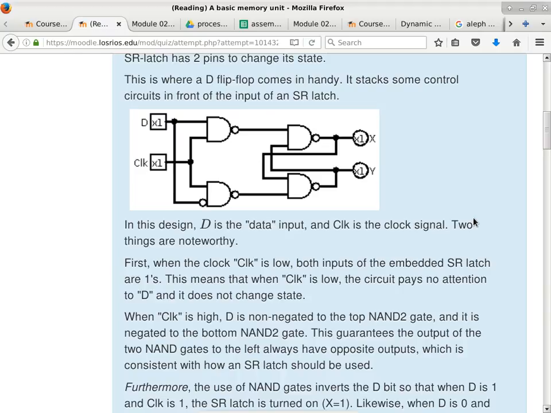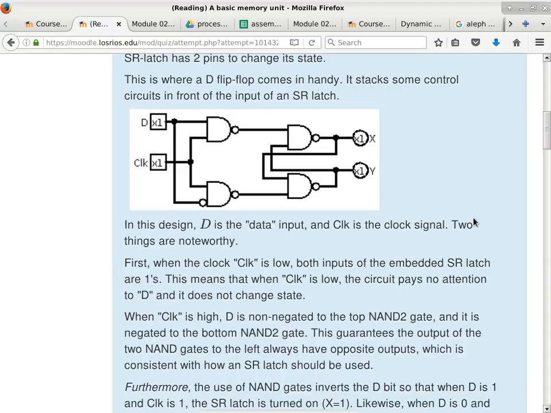And we know from the previous slide, if /R and /S are both ones into an SR latch, the output of the SR latch is maintained. So that means when the clock signal is a 0, it doesn't really matter what D is doing. D can change all it wants. It's not going to change anything as far as the internal SR latch is concerned.